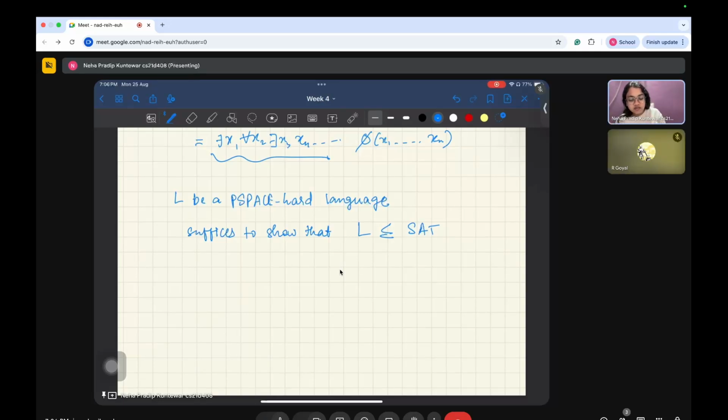Okay, now the question says that L could be any P-space hard language, so actually you can just take a P-space complete language. For example, if you take TQBF, which is a P-space complete language, then any hard language L reduces to TQBF.